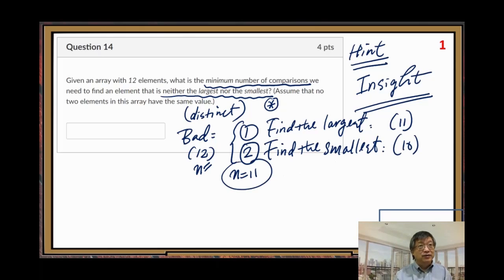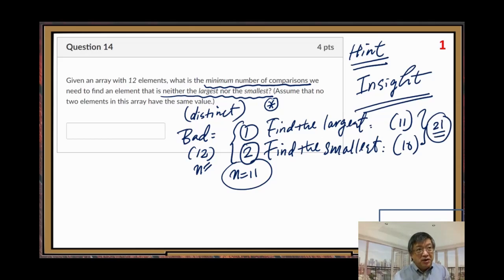After you throw away the largest and the smallest, you have 10 elements left. You just select one of the 10 elements that satisfies the condition, right? But after you put things together, how many comparisons do you need? 11 plus 10, 21.